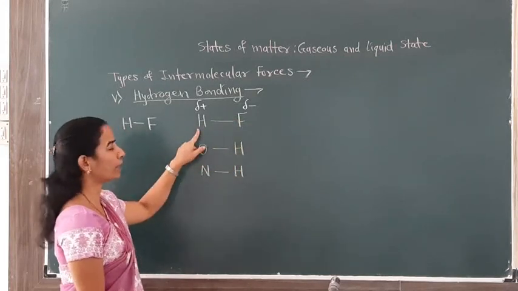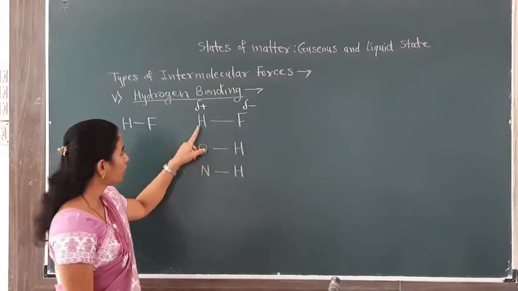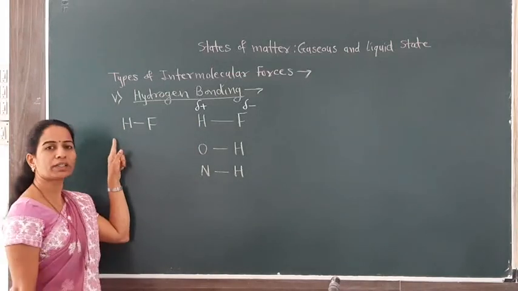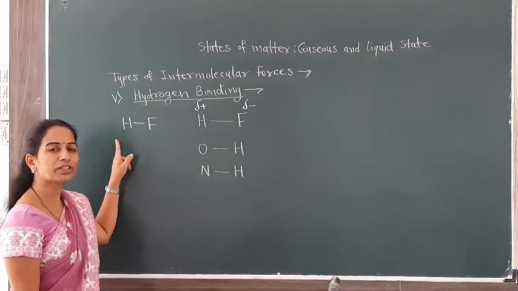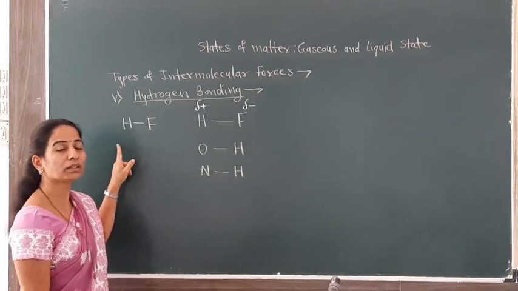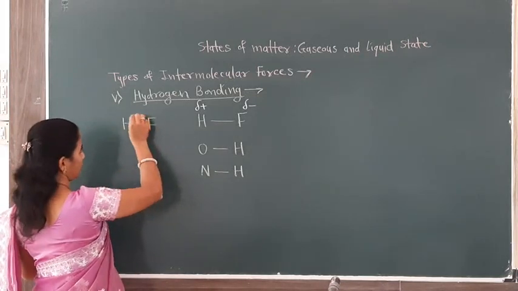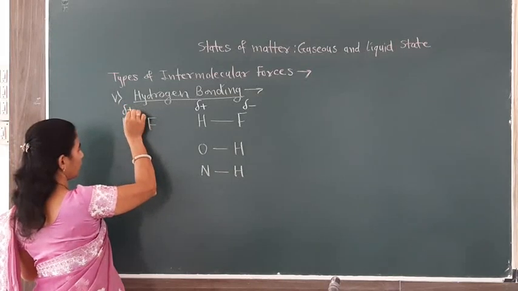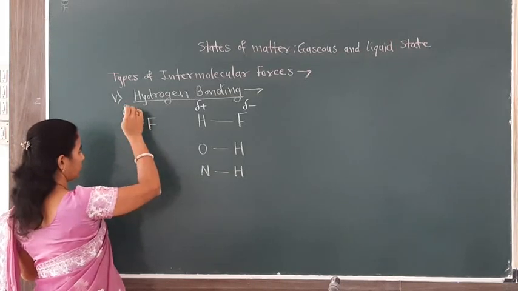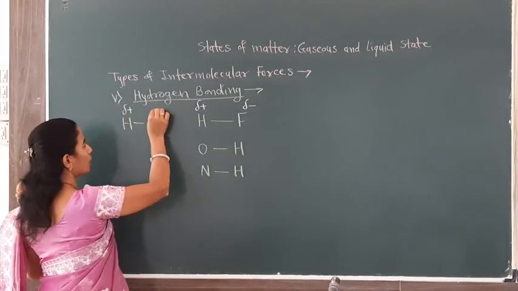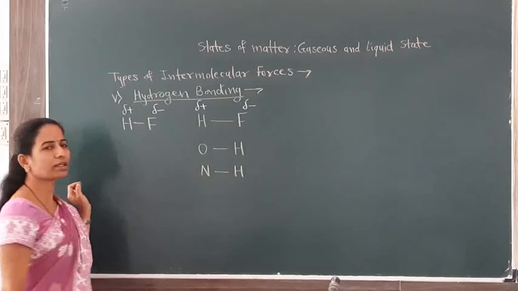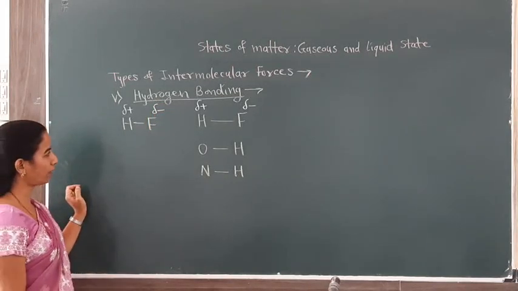Now, when this molecule comes in contact with another molecule which also possesses a hydrogen atom, then what happens? Again, this molecule will carry a partial positive charge on the hydrogen atom and a partial negative charge on the fluorine atom.